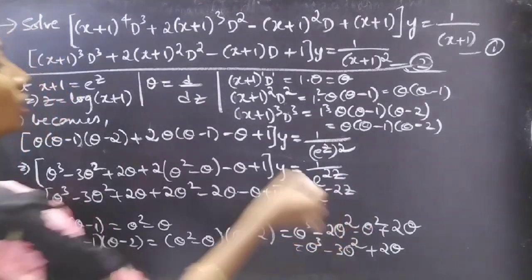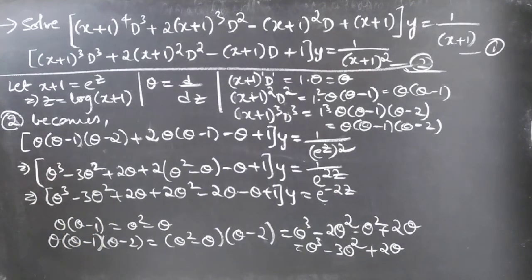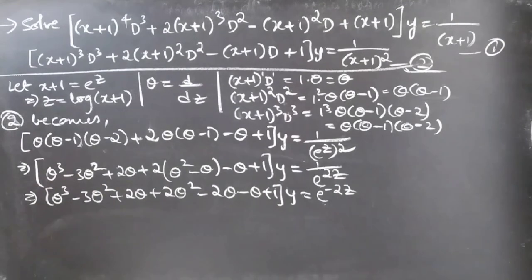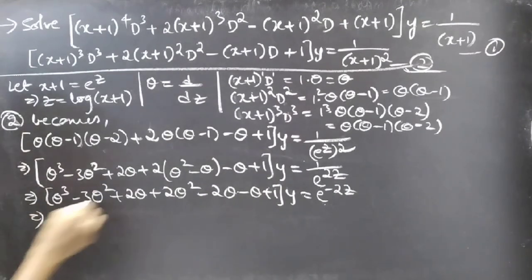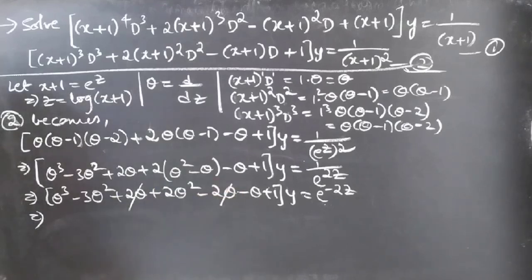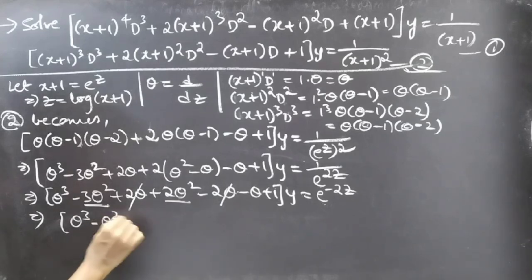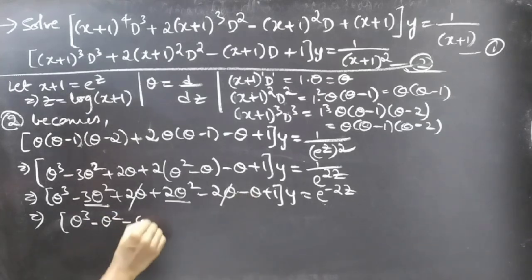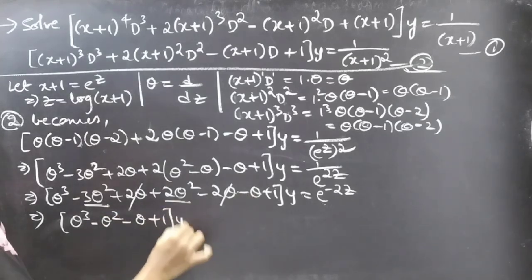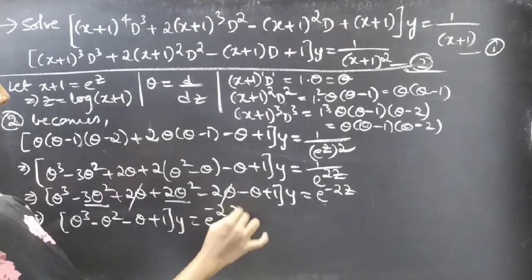See, we got the same thing, e power minus 2z. Here plus 2 theta minus 2 theta gets cancelled and you'll get theta cube minus 3 theta square plus 2 theta square gives minus theta square, minus theta plus 1 into y equal to e power minus 2z.